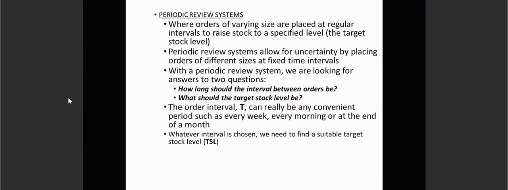So with the 11.3 weeks multiplied by the average demand per week of 100 units, we have 1,130. So whenever the inventory reaches 1,130 units, we need to place the order to our supplier. So that's all about the uncertainty in demand and lead time.